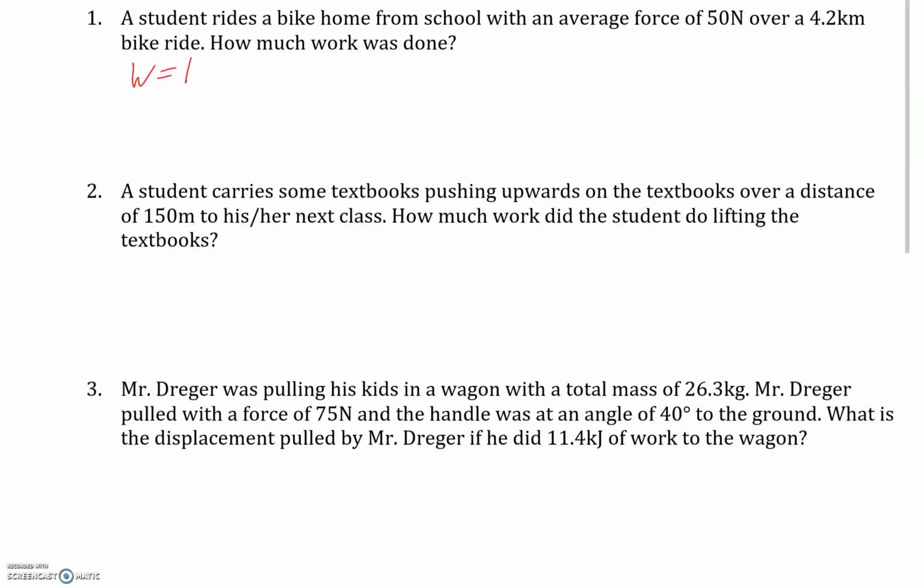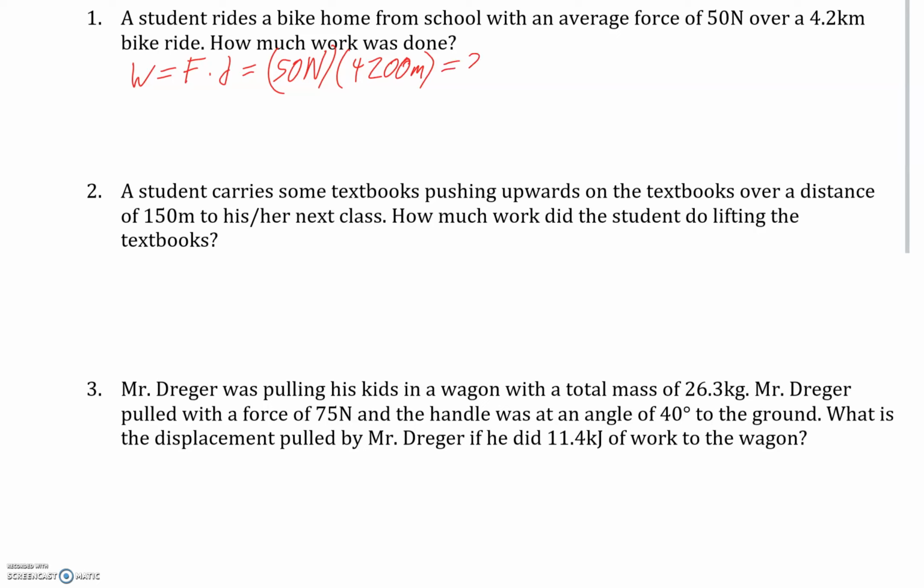Well, simply work equals force times distance. So the force was 50 newtons. The displacement was 4,200 meters. And so what we have to do is multiply those values together.